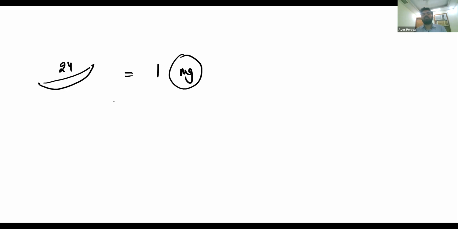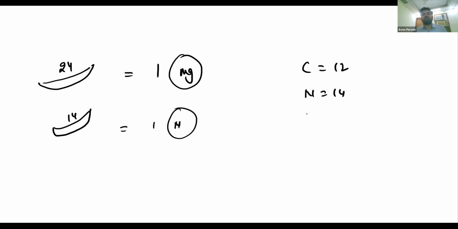So we will say that the mass of one magnesium atom is 24. If 14 such pieces of watermelon are equal to the mass of one nitrogen atom, we'll say that the mass of a nitrogen atom is 14.